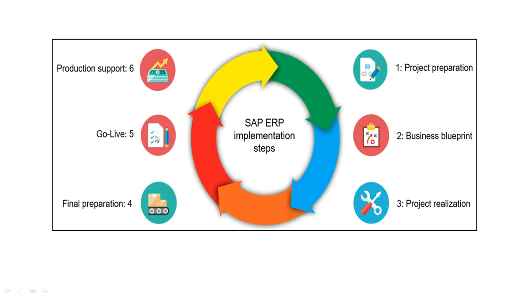And the fifth stage is called go live. So what is go live? What happens in the go live? In the go live, the legacy information or legacy data, for example, suppose before SAP Tally was there, so today SAP will start. For starting of the SAP, what we need is the opening balances.